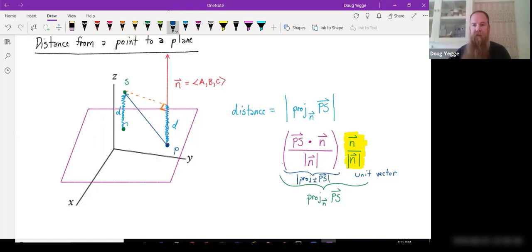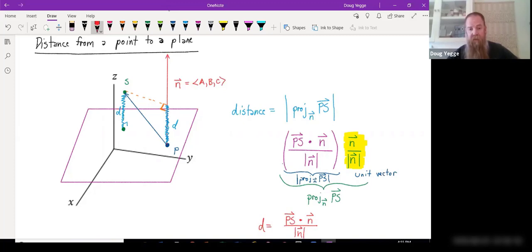Okay, so just to clean that up a little bit, that means that the D value that we're after is really just the dot product between PS and N divided by the magnitude of N. I don't know if that looks familiar to anybody, but it was very similar to what we did when we ended up finding the distance from a point to a line.